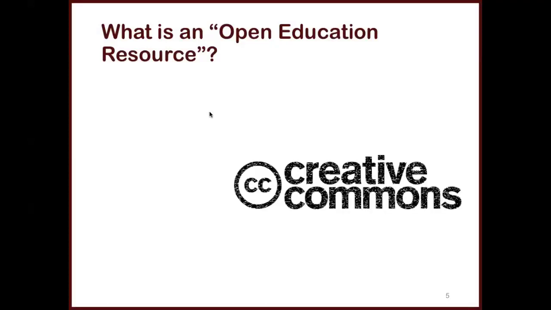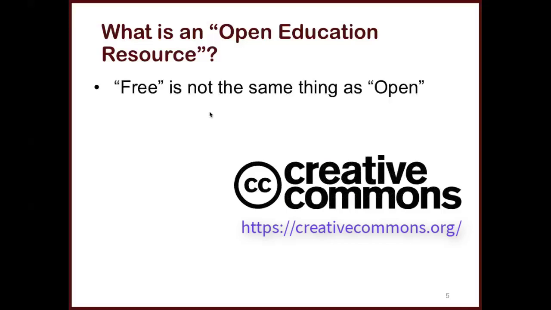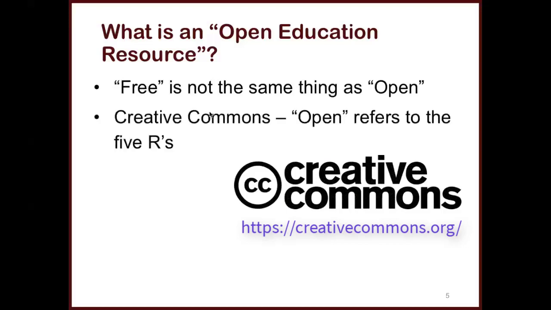Creative Commons is a licensing agency that is out there for the sole purpose of creating licenses that indicate what you can or cannot do with a resource, in particular helping us understand if a resource is open or not. And so when we talk about open, as someone already said in here, free is not the same thing as open. So Crowded Learning, we do alignments for lots of different resources.